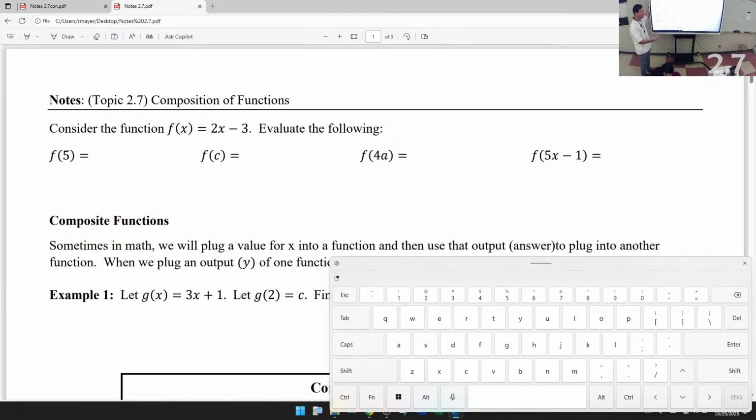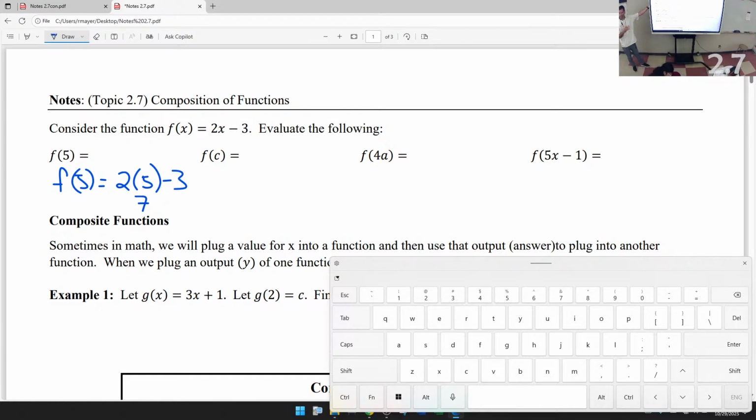If they ask you something like this, guys, get a little bit pencil happy and go ahead and say f of 5 equals 2 times 5 minus 3, and then we could go 10 minus 3, which is 7. Okay, that's fine.